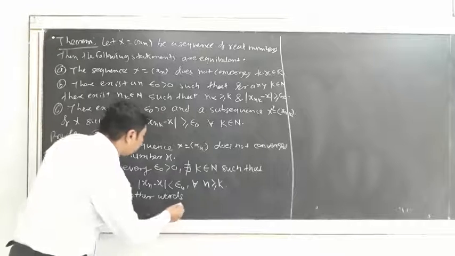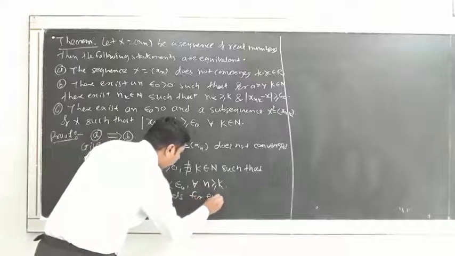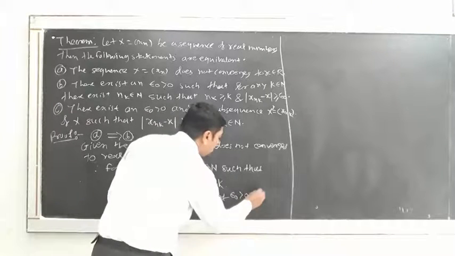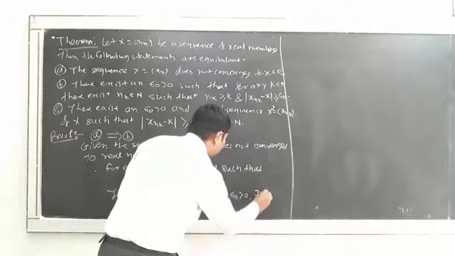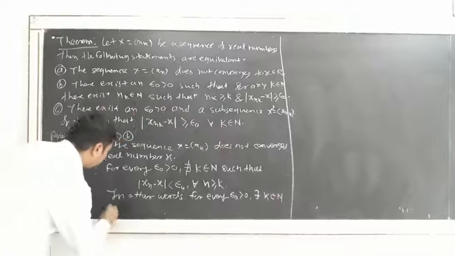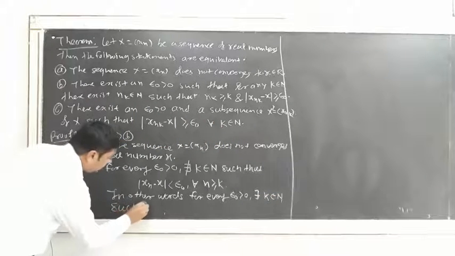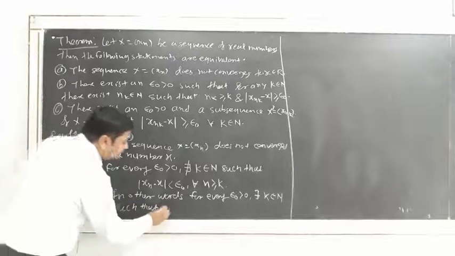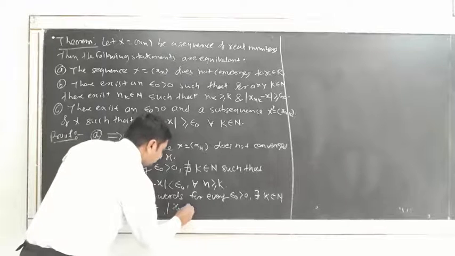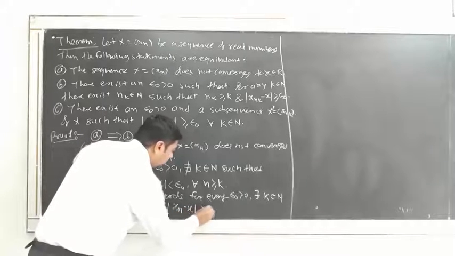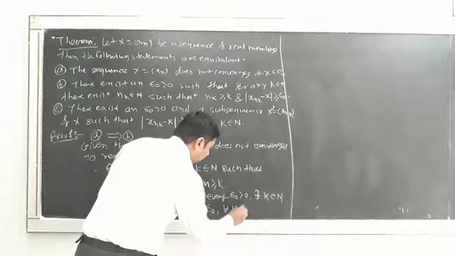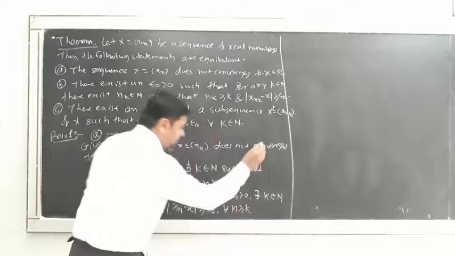That means, in other words, there exists an epsilon 0 greater than 0 such that for every natural number K belonging to N there exists n greater than or equal to K such that the modulus of xn minus x is greater than or equal to epsilon 0.